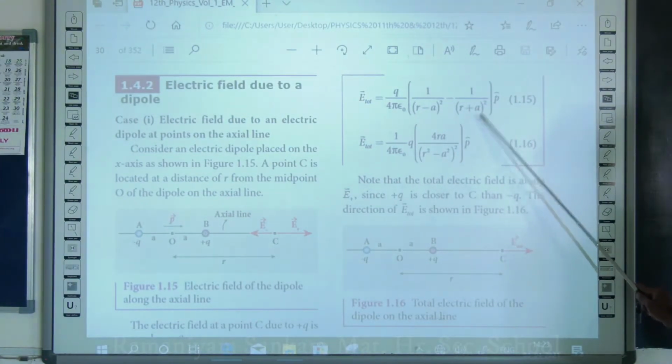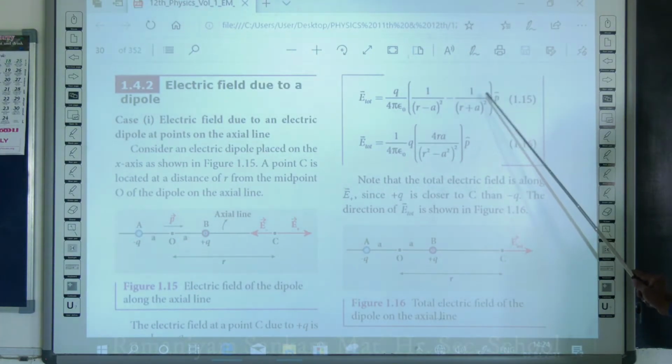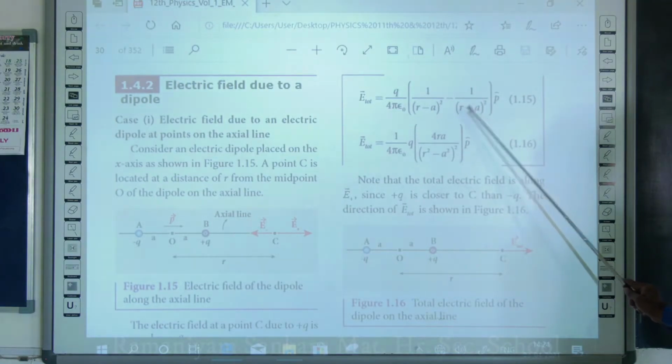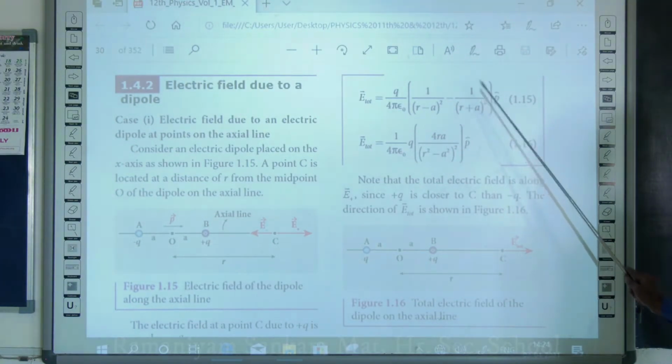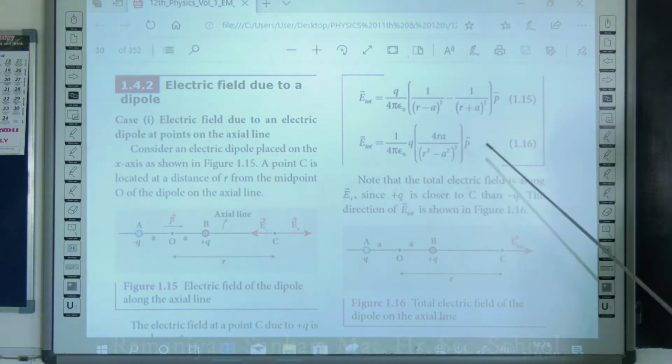And when you subtract, the a square and b square cancel. Similarly here r square cancels, a square and a square cancel, 4ra is left. So you can skip like that, but don't forget the P cap.